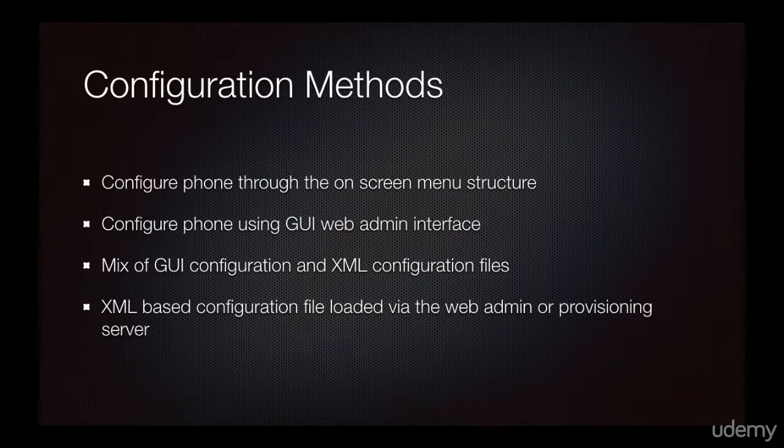Then we also have the way of doing it through a web-based user interface, which makes it a lot easier to type things in or copy and paste. Then we have a mix of using the user interface and then the XML files. And the XML files are where you get a lot of the settings that aren't available through the user interfaces that Polycom gives you. And then the last option we'll go over is solely using the XML-based configuration files.